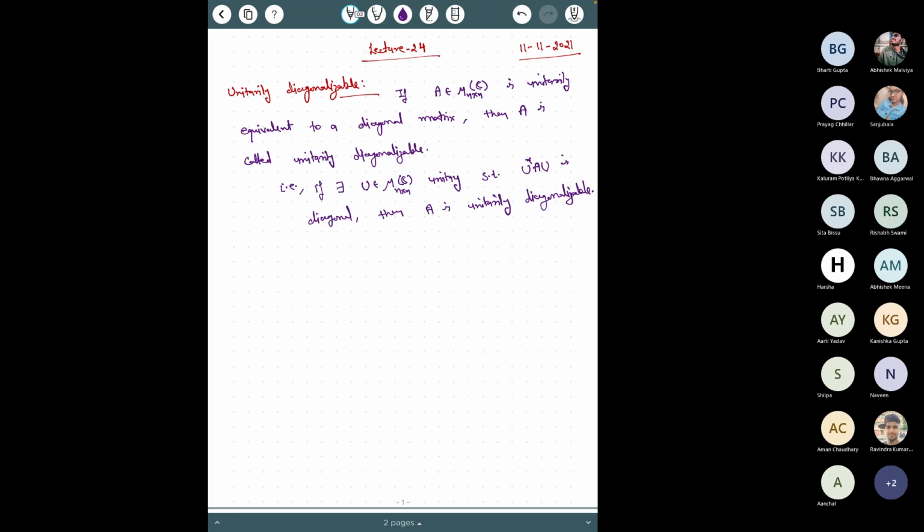Now, since not every matrix is diagonalizable or unitarily diagonalizable, we can identify a class of matrices which are always diagonalizable. We already know some properties: when certain conditions are satisfied, we can say a given matrix is diagonalizable.